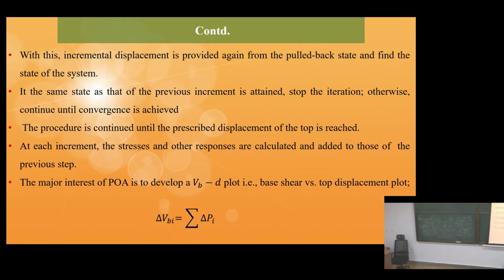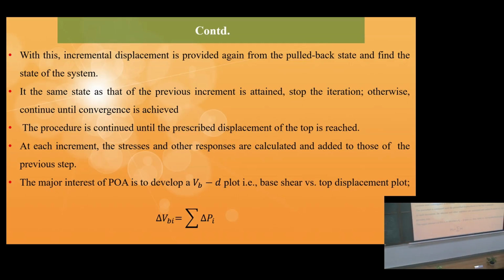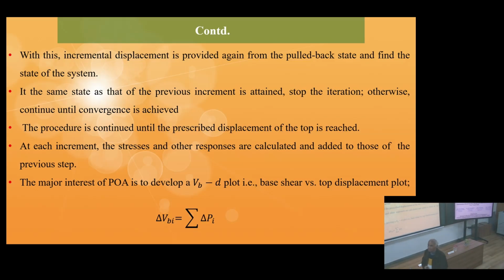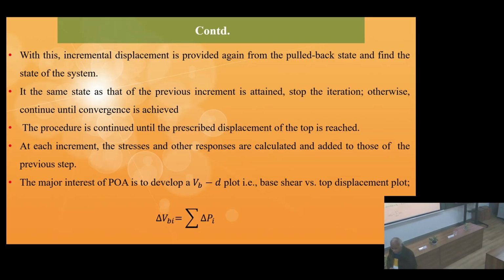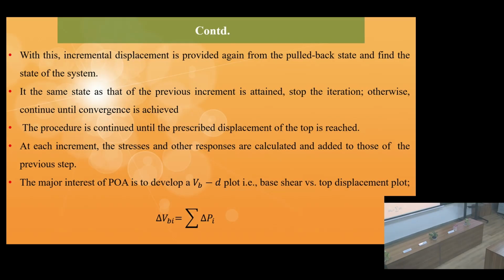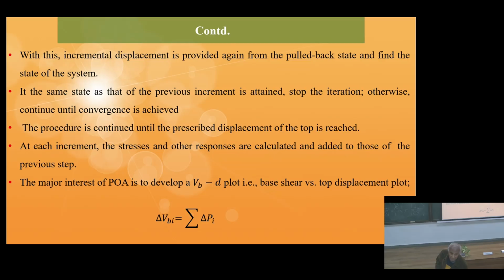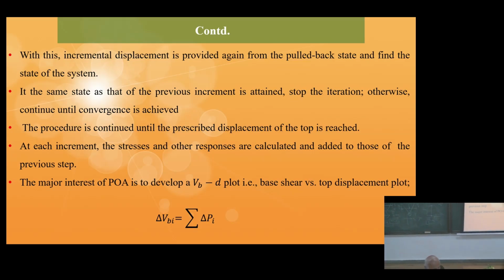Now, the pushover analysis is finally important in getting a plot, which is called a capacity curve, or shear force versus displacement curve. All right, so that is my interest.